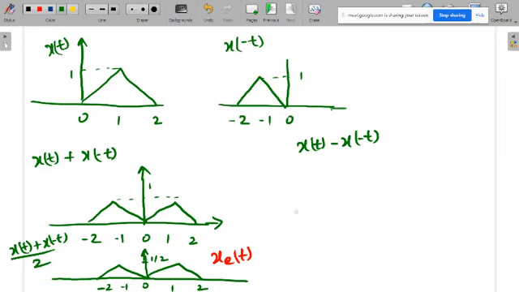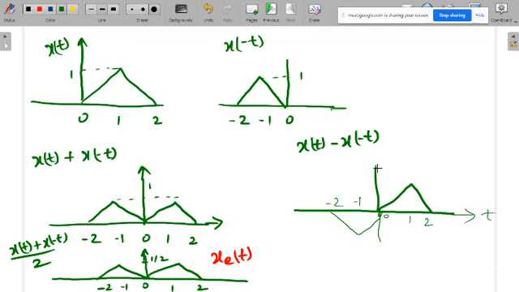Once you apply the amplitude reversal, this side will remain the same, and this part we have to apply the amplitude reversal. If you apply it, it goes like this. Now this is minus 2, minus 1, 0, 1, 2. This is t. Now again you apply that 1 by 2 factor.